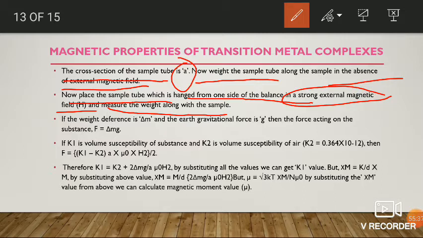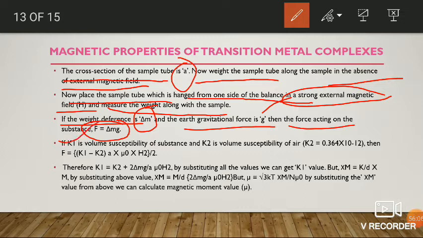If we consider the weight difference of the magnetic substance in the absence as well as in the presence of the external magnetic field as delta M, and the earth's gravitational acceleration as g, then the force acting on the substance in the presence of the external magnetic field is F equal to delta M g.